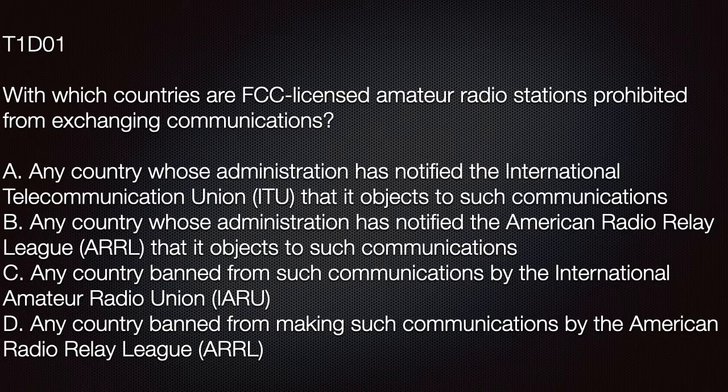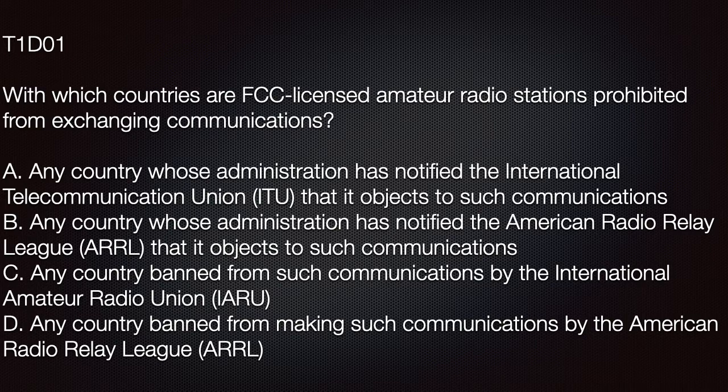With which countries are the FCC licensed amateur radio stations prohibited from exchanging communications? A, any country whose administration has notified the International Telecommunications Union, ITU, that it objects to such communication. B, any country whose administration has notified the American Radio Relay League, ARRL, that it objects to such communications.